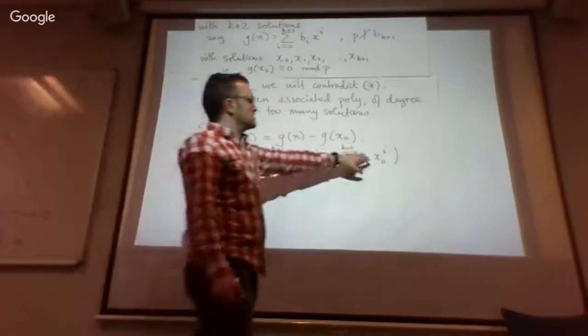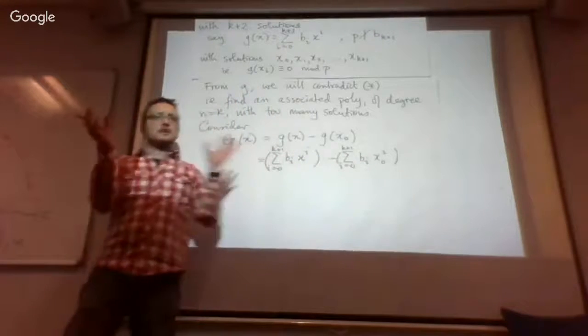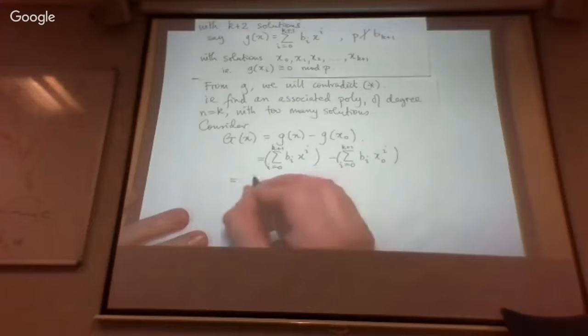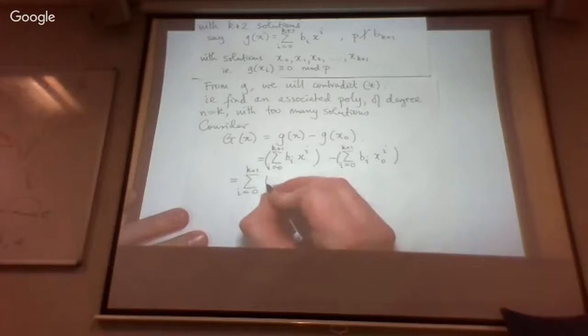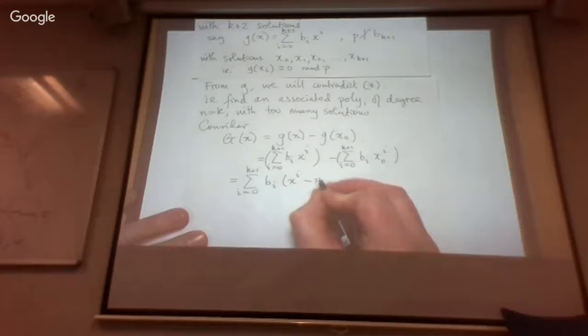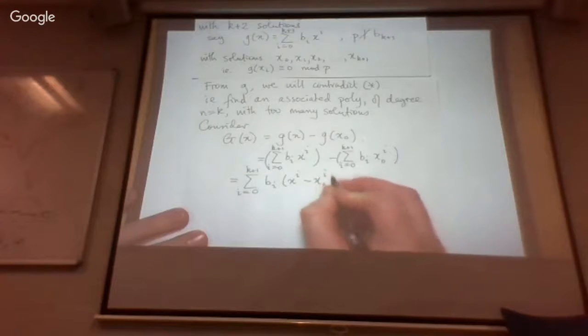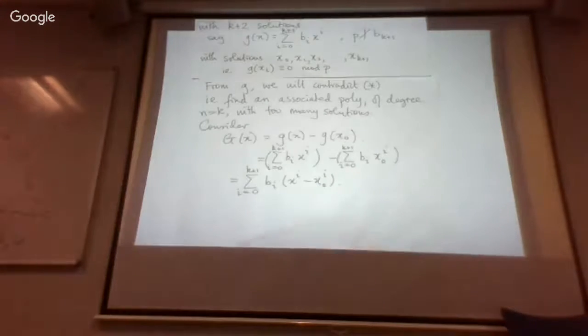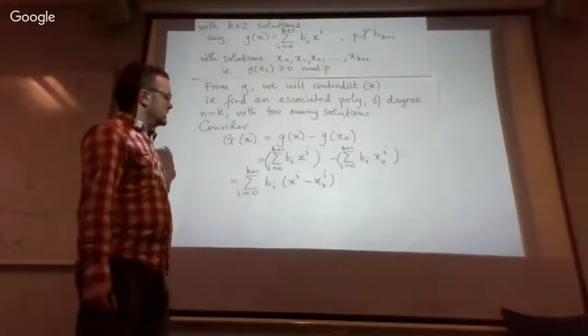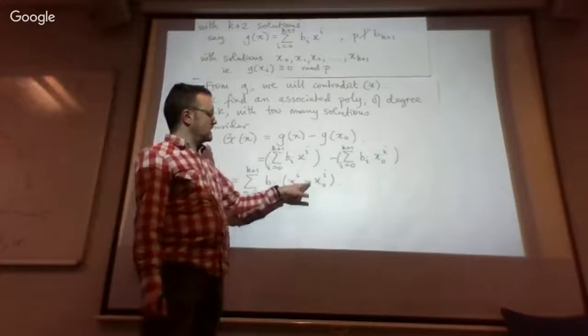Subtracting these two summations from each other, we can collapse that together into a single summation, and this is the sum of b_i times x to the power i minus x naught to the power i.